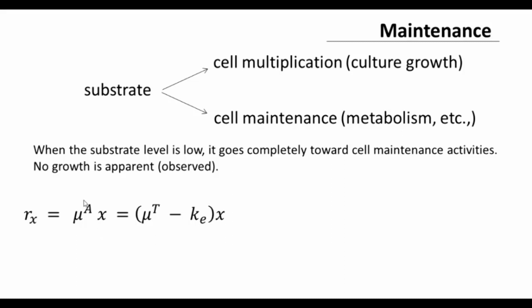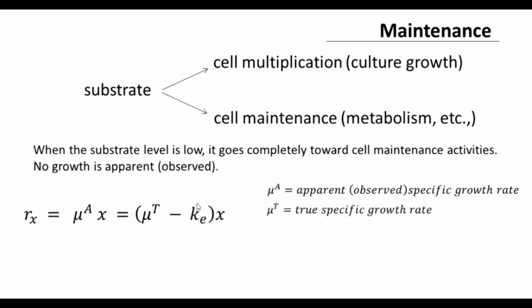And this apparent specific growth rate can be defined as the difference between the true specific growth rate, mu t, which is obtained when all the substrate goes towards cell multiplication alone, and something called an endogenous metabolism constant. Mu a is the apparent or observed specific growth rate, mu t is the true specific growth rate, and ke is the endogenous metabolism constant. So mu a equals mu t minus ke.